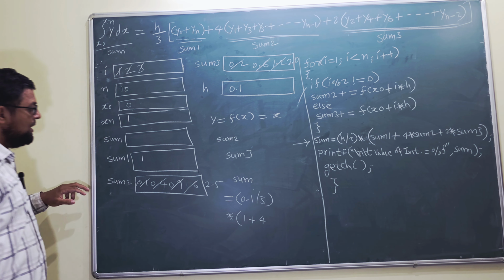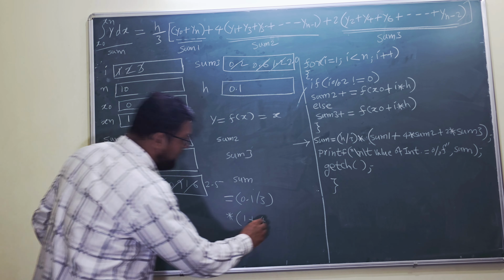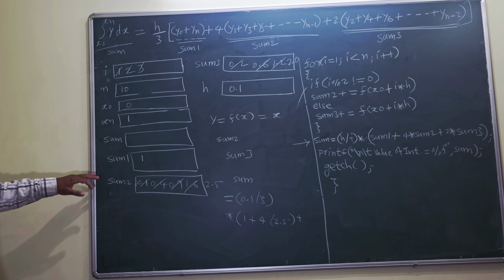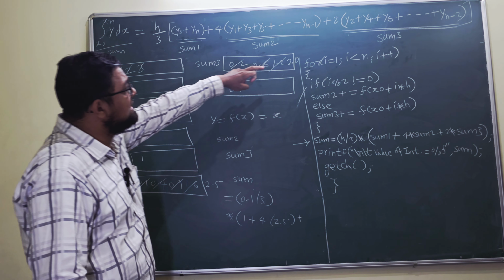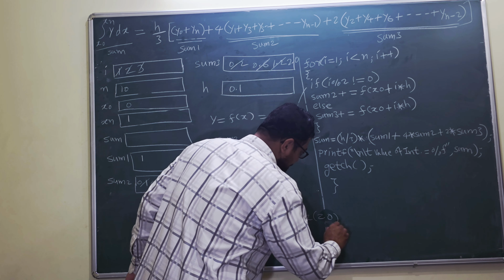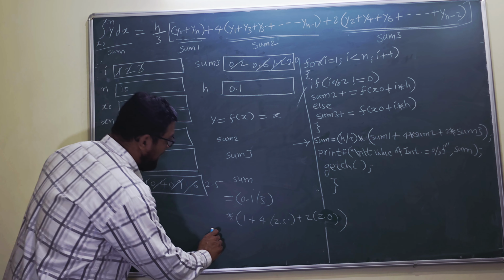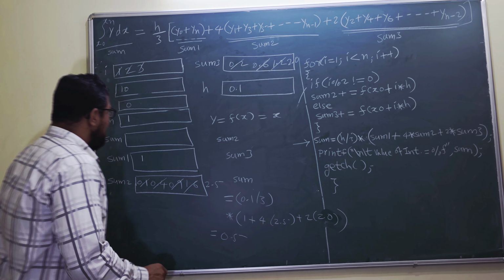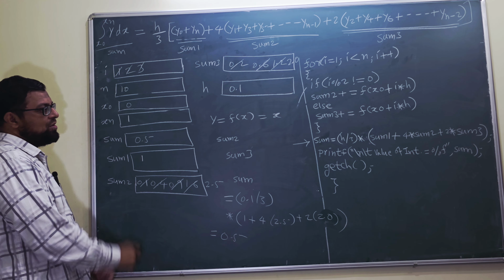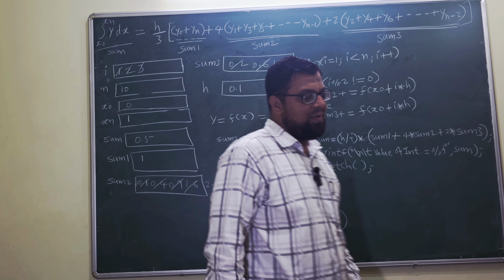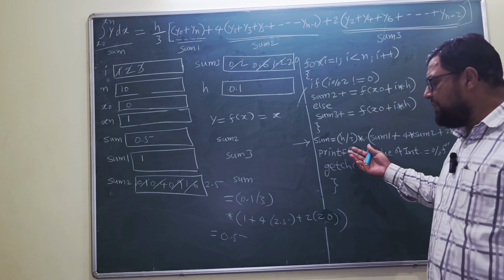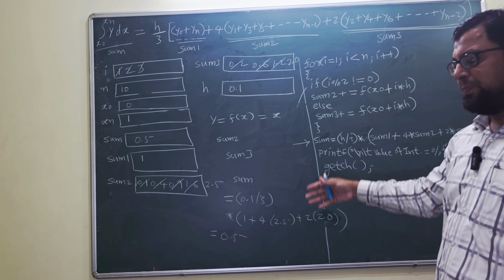Then 4 times the value of sum2, which is 2.5, plus 2 times the value of sum3, which is 2.0. Finally it will find out this integration as 0.5, and that will be stored in the sum variable, and finally we print this value. So finally we get the value of integration as 0.5.